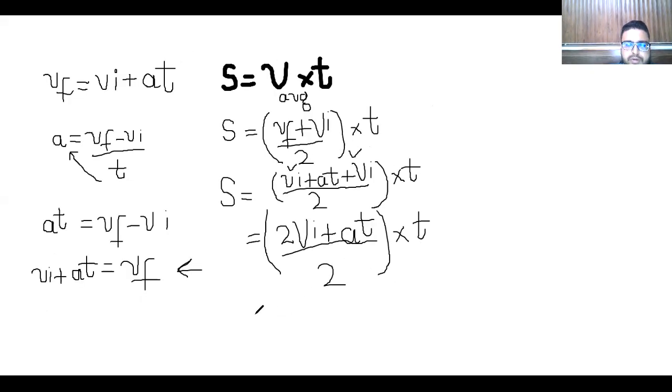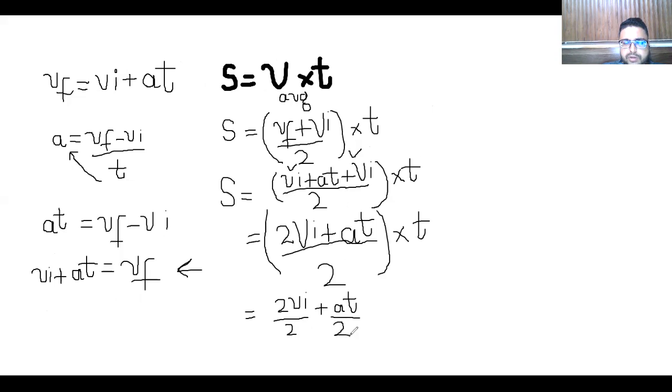Okay, further if we solve this, this will become 2Vi divided by 2 plus At divided by 2, right?